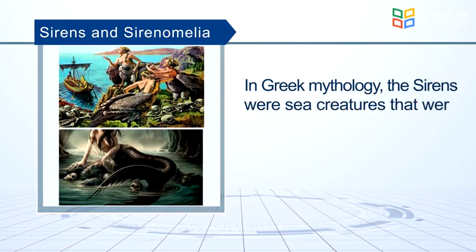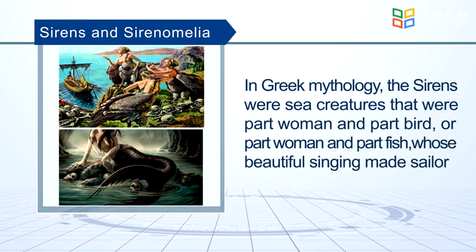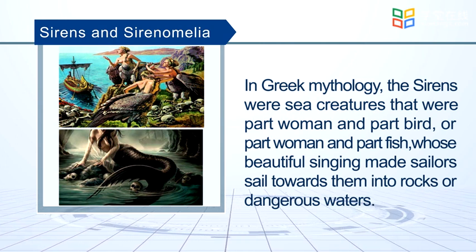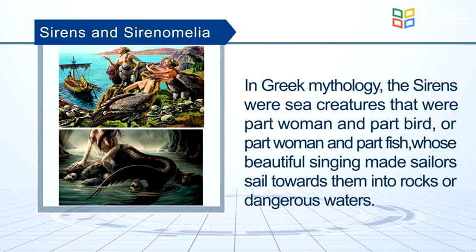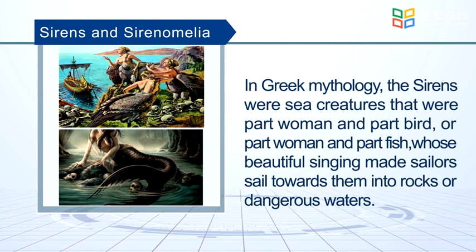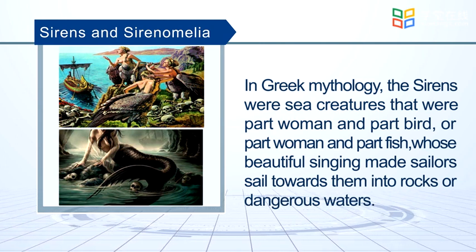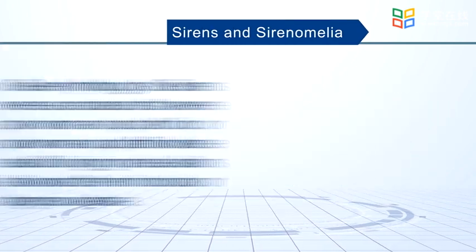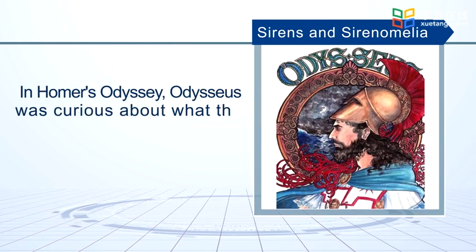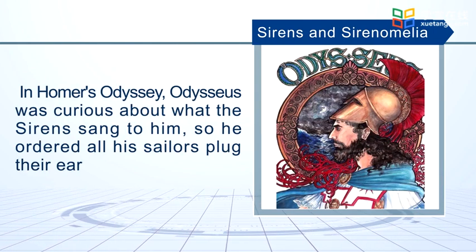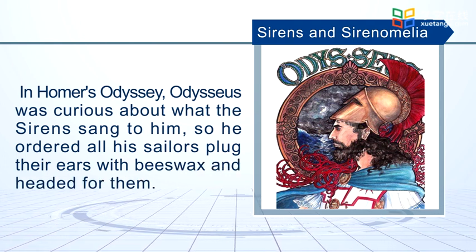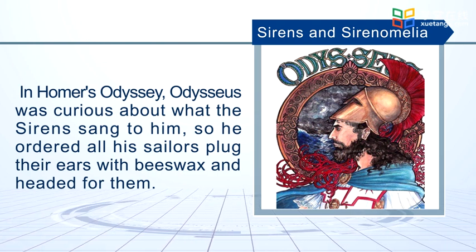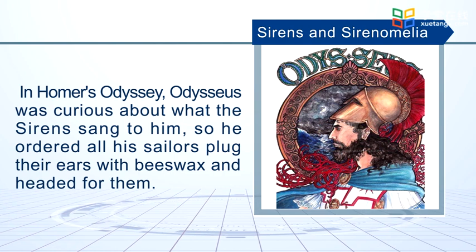In Greek mythology, the Sirens were sea creatures that were part woman and part bird, or part woman and part fish, whose beautiful singing made sailors sail towards them into rocks or dangerous waters. In Homer's Odyssey, Odysseus was curious about what the Sirens sang to him, so he ordered all his sailors to plug their ears with beeswax.